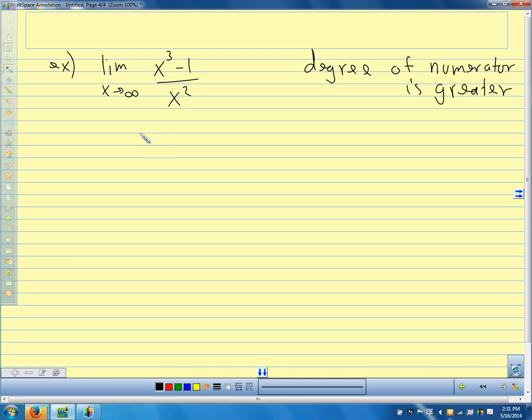Does not exist. We can say DNE instead of writing does not exist. So our limit does not exist. We have no horizontal asymptote. Our function is unbounded.